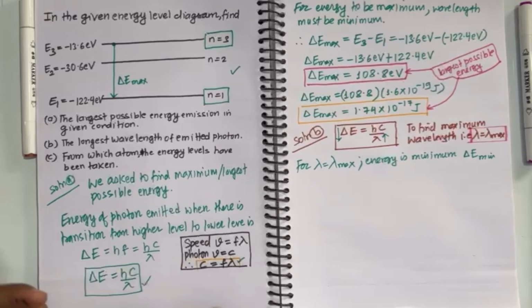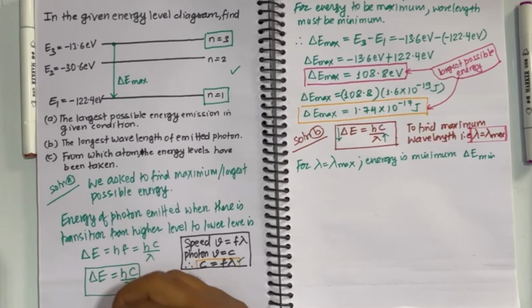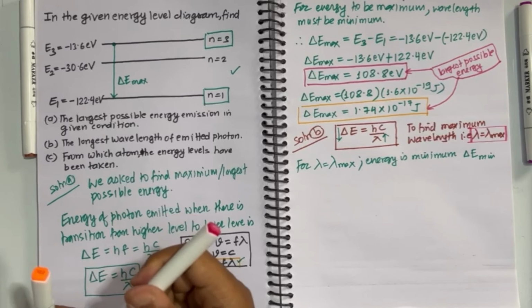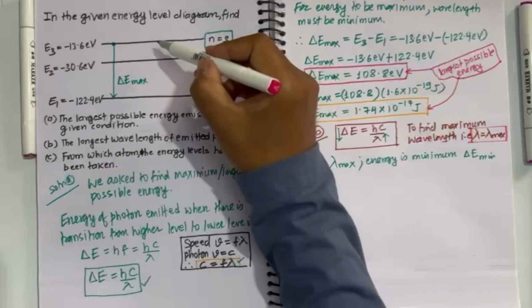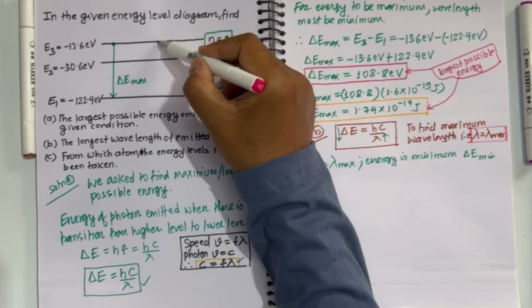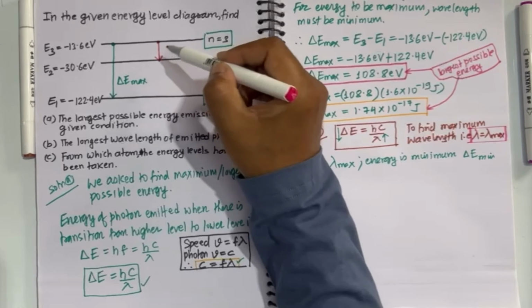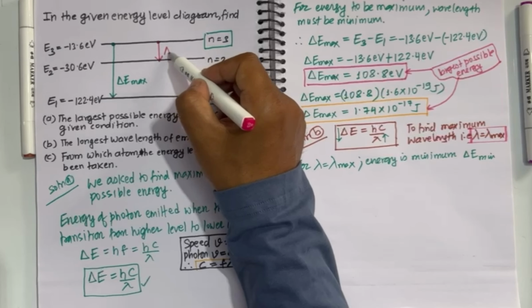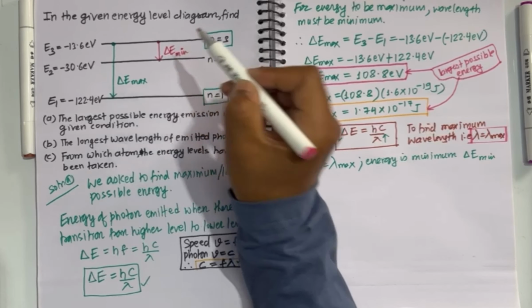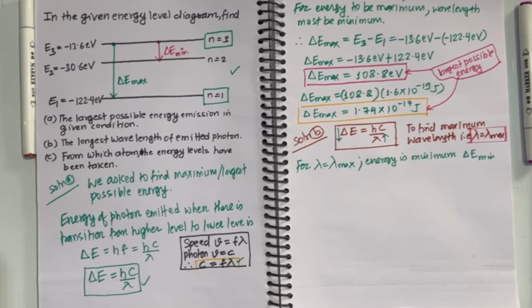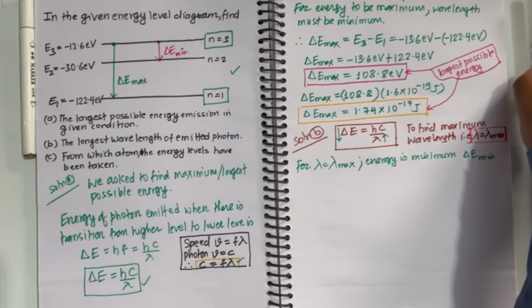When we have transition from n equals 3 to n equals 2, then this transition gives us minimum energy, or maximum wavelength. So this is to be noted.